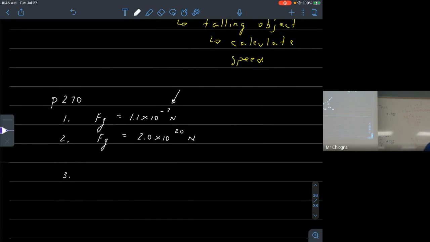Okay, for 3, calculate the force between 2 point charges of 4 and 3 microcoulomb, 2 centimeters apart. Remember to convert to coulombs and meters. That's really the only thing to remember. This is an electric force indicated by the subscript E. I think they use Q1, Q2. It's fine. You can use Q1, Q2.